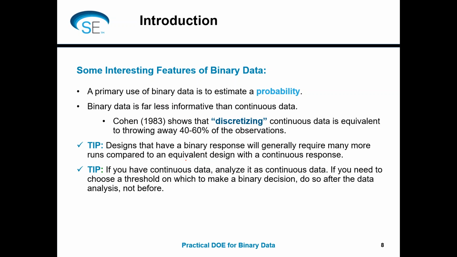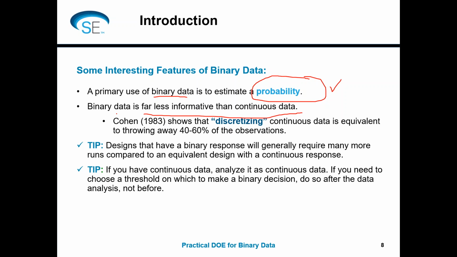So, some interesting features of binary data. Typically, at the end of the day, what we're doing is estimating a probability. So given that your temperature is this and your pressure is that, what is the probability we're going to observe what we're looking for? Now, unfortunately, binary data is far less informative than continuous data.